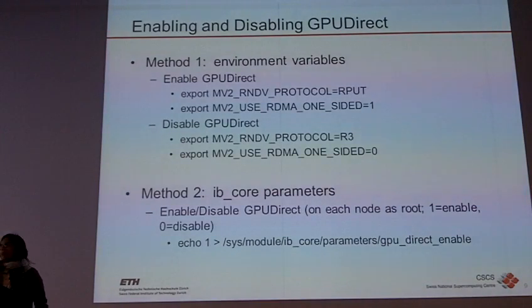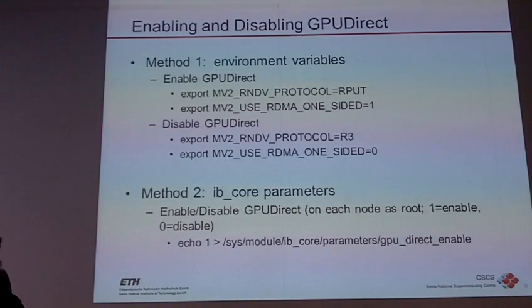Then the other thing is, especially when we were doing the experiments, we said, okay, how do you enable or disable this GPUDirect activity, so we can see that there is a benefit enabling it and there is no benefit disabling it, just for benchmarking purposes.